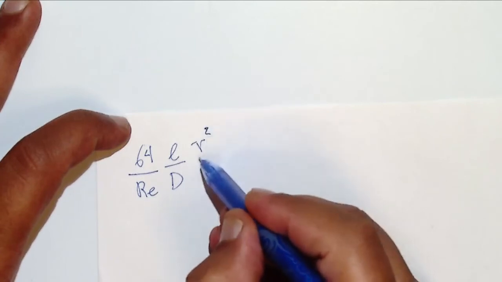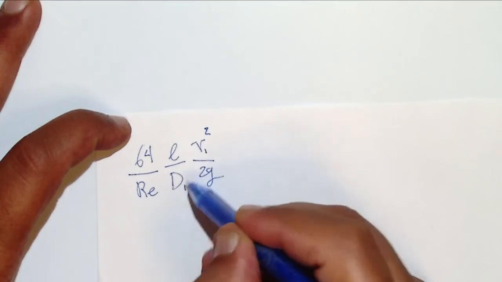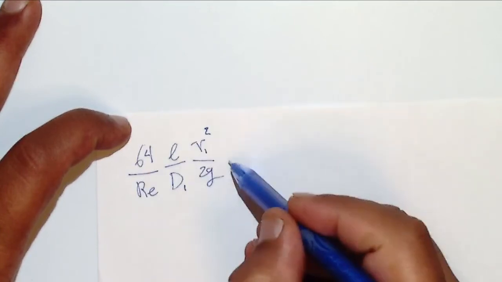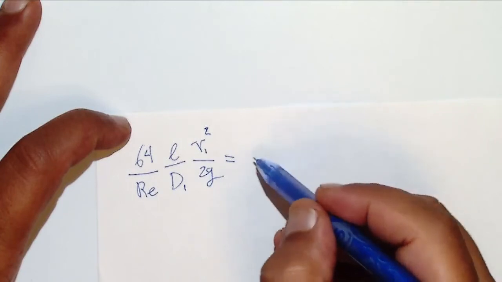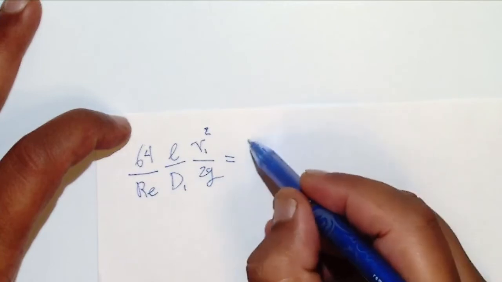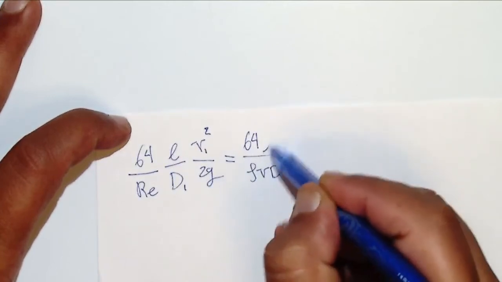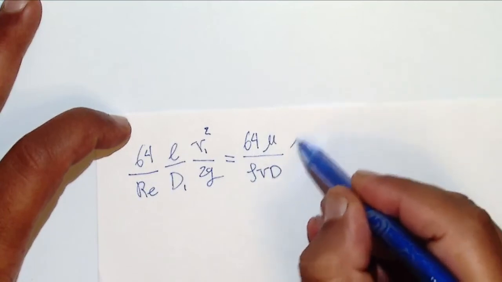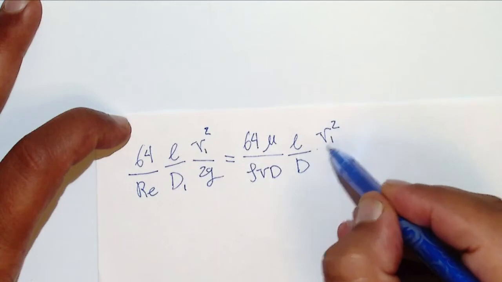So V1 squared over 2g, these are all D1, is equal to, if I replace Reynolds with rho vd over mu, then L over d, then v squared over 2g.